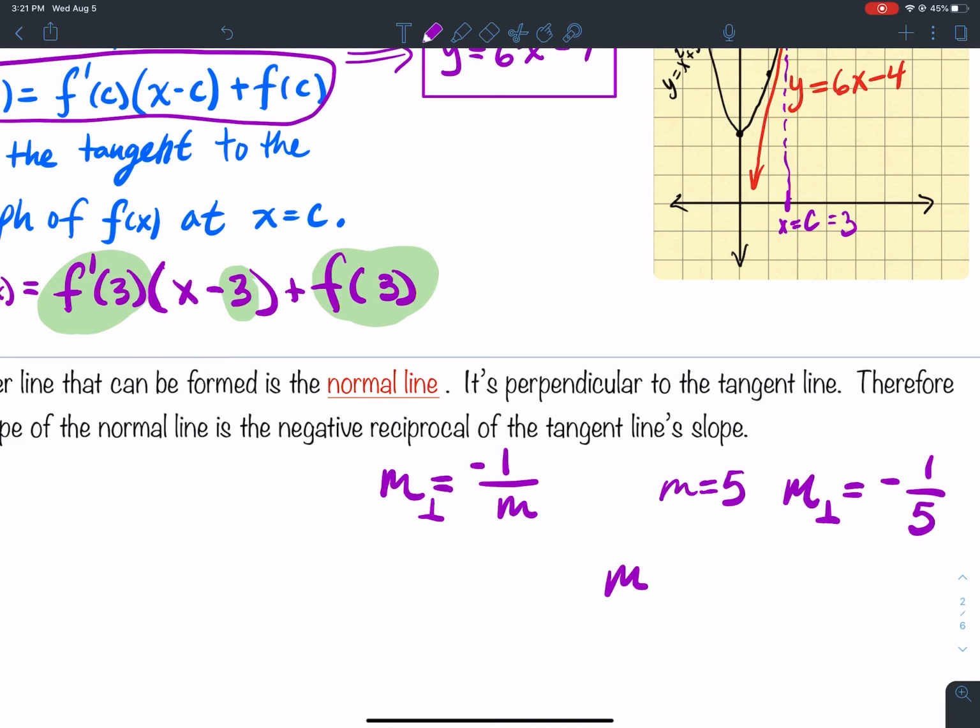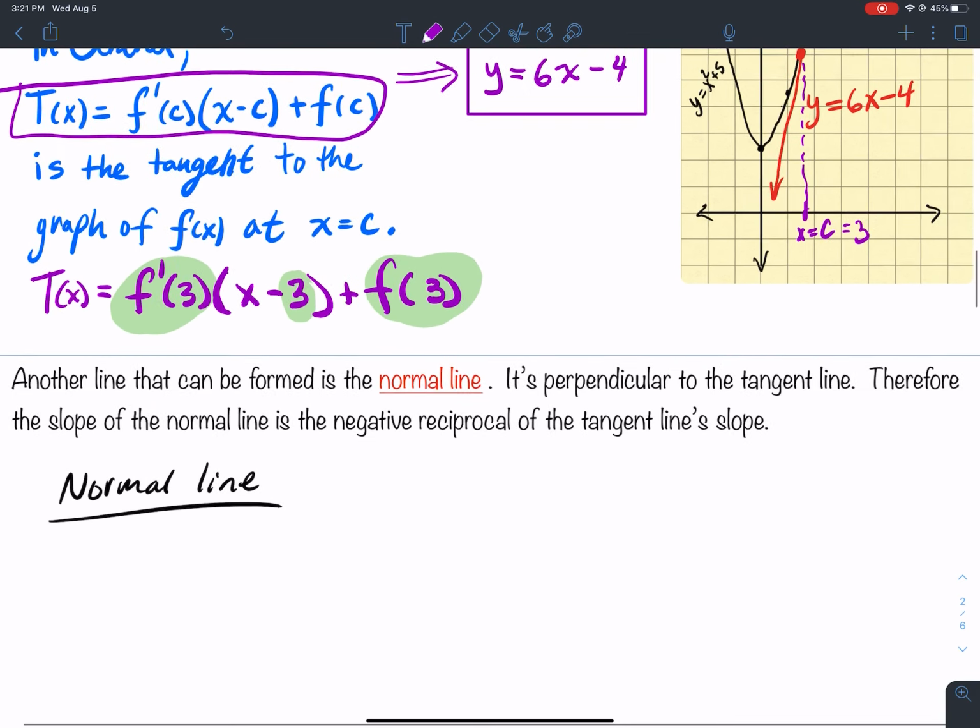Same if I had a slope equal to negative 2/3, then the perpendicular slope would be the opposite, positive. The negative reciprocal, negative and negative make a positive, 3 over 2. Okay, so that's how to get your negative reciprocal. And you can go to my slope video in college algebra if you're still having trouble with negative reciprocals.